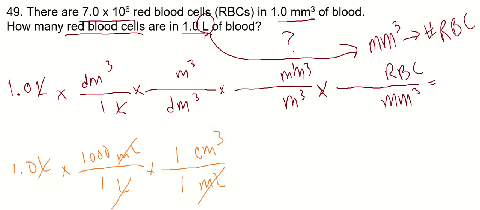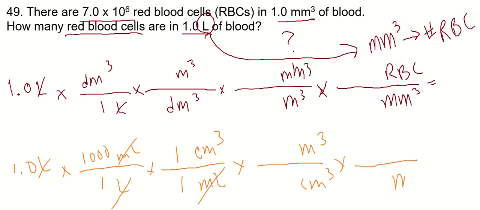Okay, that cancels out. All right, so now we're at cubic centimeters, and then, see, we don't have a conversion factor for cubic centimeters directly to cubic millimeters. So we'll have to go back to the base. All right, and we can do that. That'll be kind of a pain, but we'll do that.